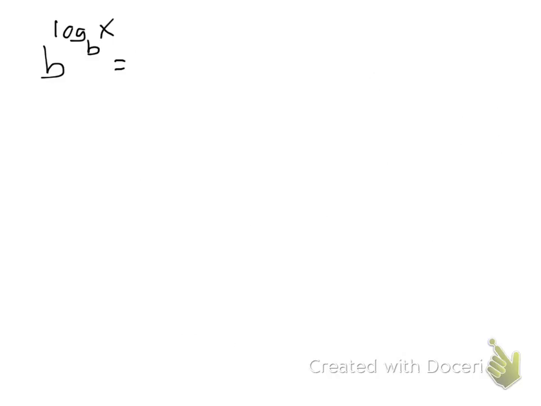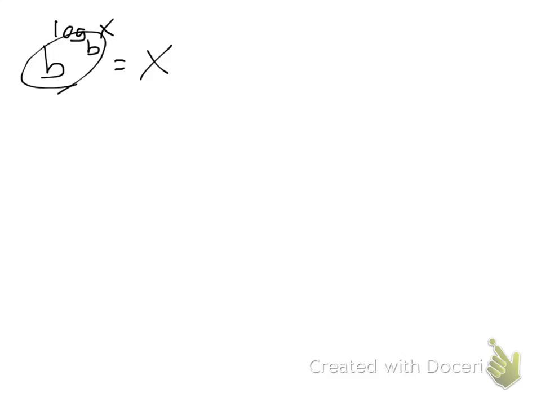We have one more inverse log. What happens if the log is the exponent itself, and they happen to have the same base as what it's on? If these bases are the same, the answer is whatever's inside the log.